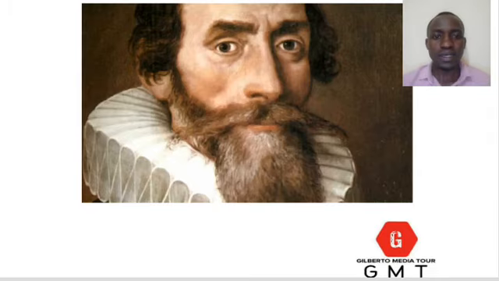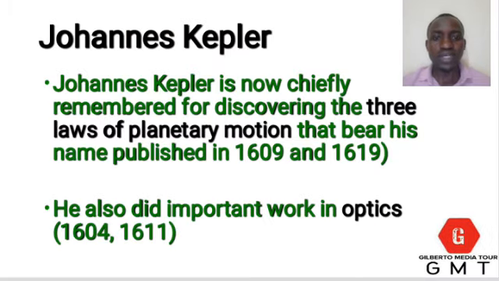Kepler is a very famous scientist, a very famous philosopher. Kepler's laws of planetary motion are in 3 types: the first, second, and third law of Kepler. Johannes Kepler is now chiefly remembered for discovering the 3 laws of planetary motion, published in 1609 and 1619.